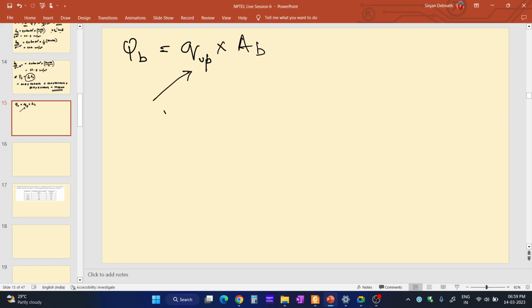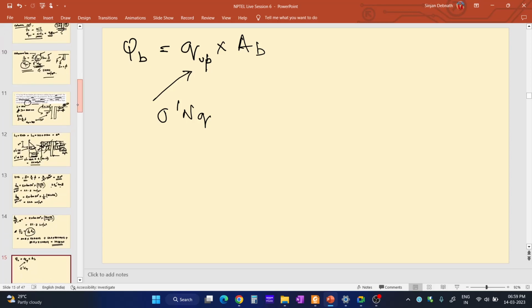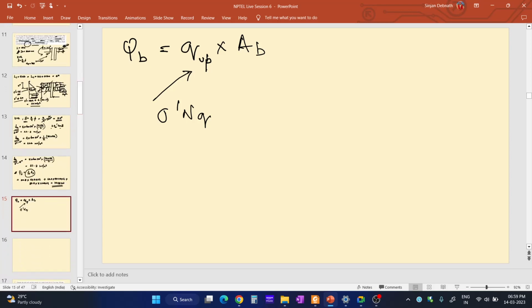This Qup is equal to sigma dash Nq, right? The effective overburden pressure at the base of the pile is 76 kilonewton per meter square.